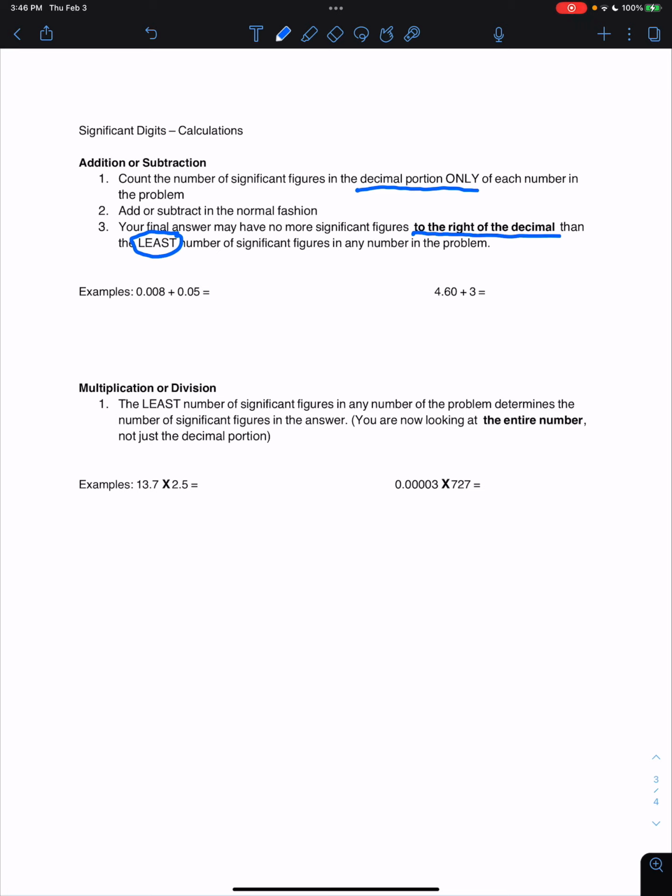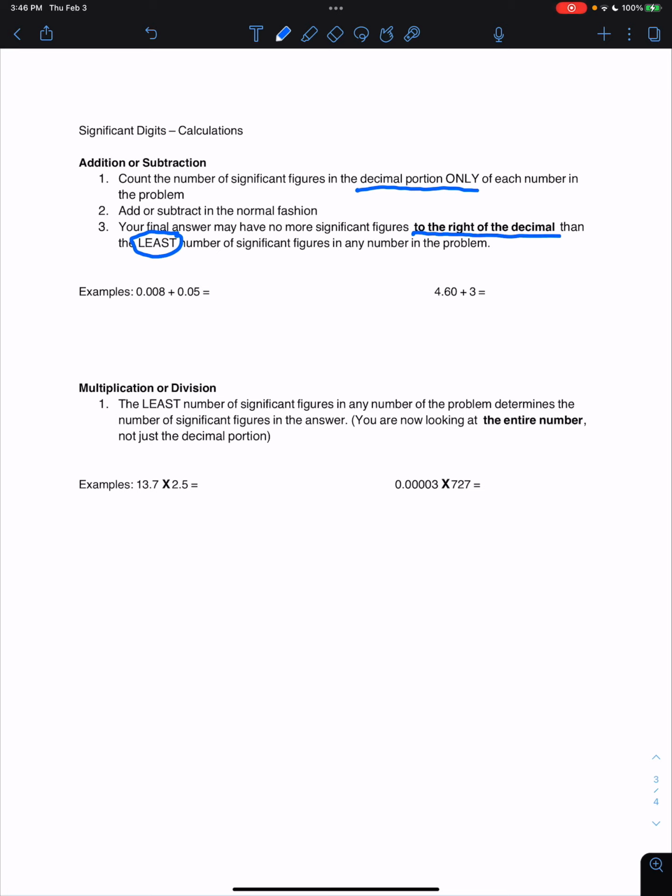So the first thing we want to do is count the number of significant figures or digits in the decimal portion only of each number. In our first example problem, we have 0.008. For the number of significant digits, you use the same rules that I showed you in a previous video.